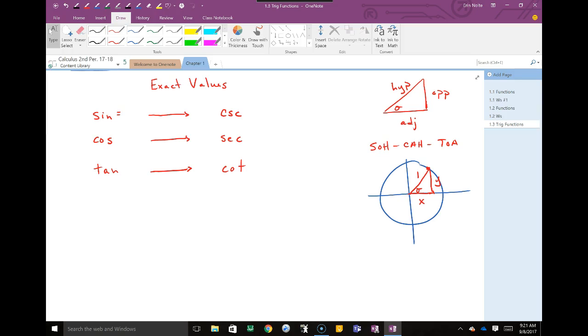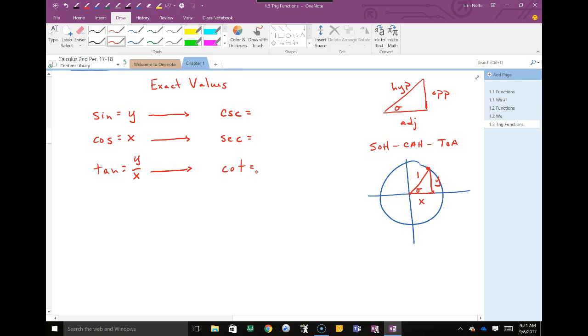So in terms of my unit circle, what is it equal to? Y. Straight up y. Okay. What about cosine? X. Tangent? Y over x. Good.